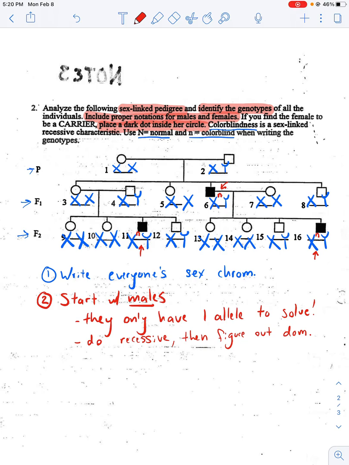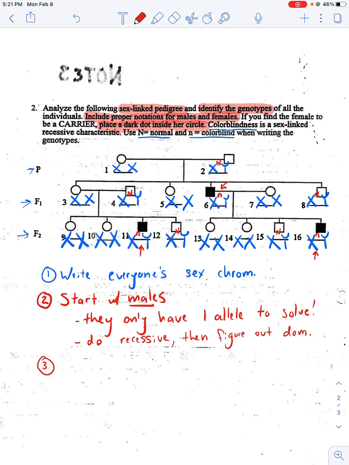So all of the remaining males must be capital N because they're not colorblind. So number 2 is going to be X big N Y. Number 4 is going to be X big N Y. Number 8, another genetic male, not colorblind. Number 12, number 15. And I think we have all the males solved.